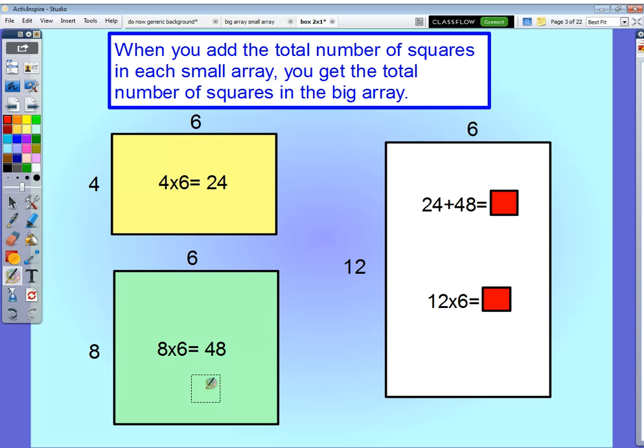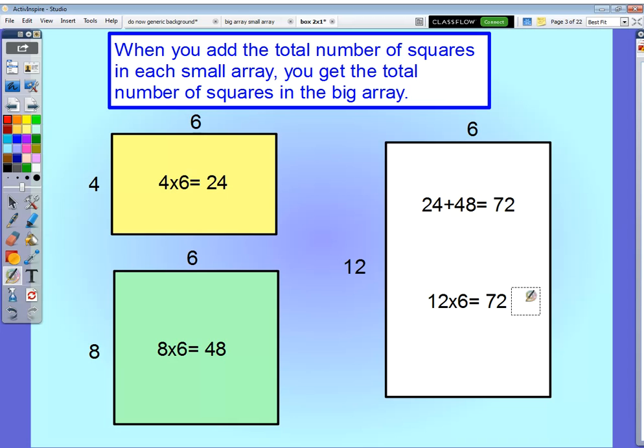So 24, that's the total of the 4 by 6, plus 48, that's the total of the 8 by 6. Add it together, I get 72. So that means that my 12 by 6 array is a total of 72 squares. I now know that 12 times 6 is 72.